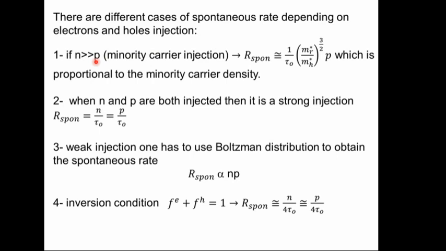Minority will be the P, since majority is N. So in that case, it will be roughly equal to 1 over the relaxation time. The combined mass, R for recombination mass, the effective, of course, because it's inside the material and it will be related to the free mass, over the whole material, the whole mass, which is the minority material, times the minority concentration. So this is the equation we're saying.